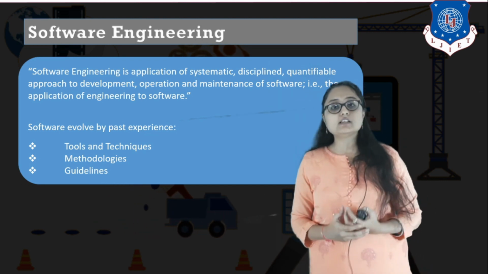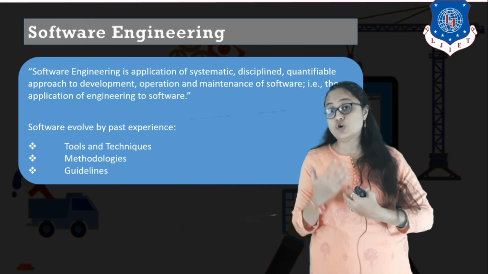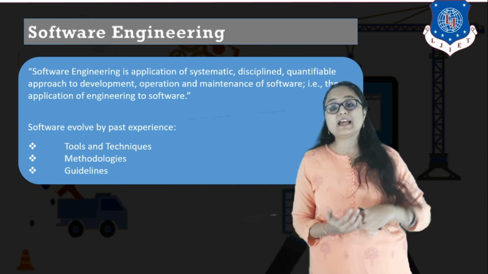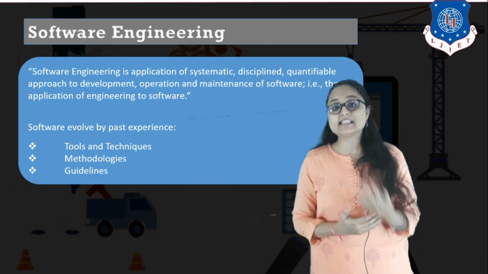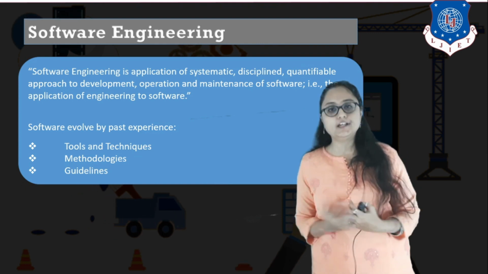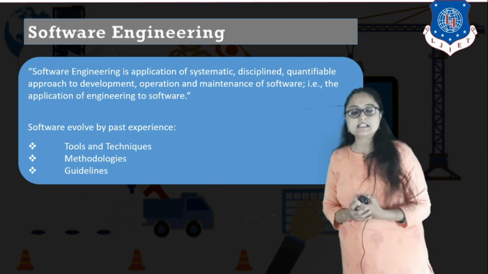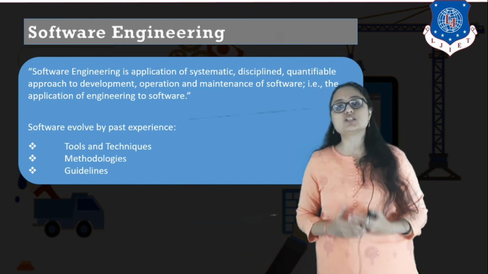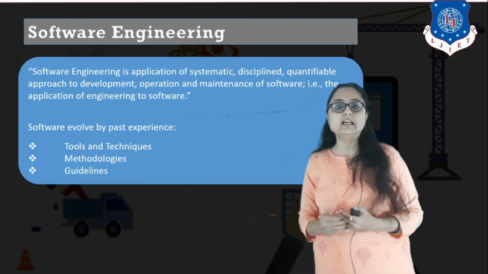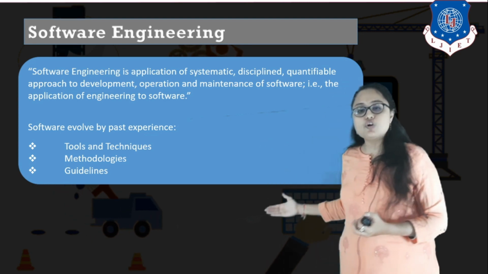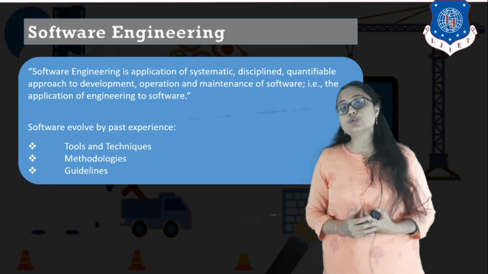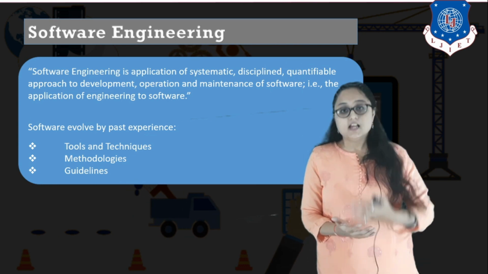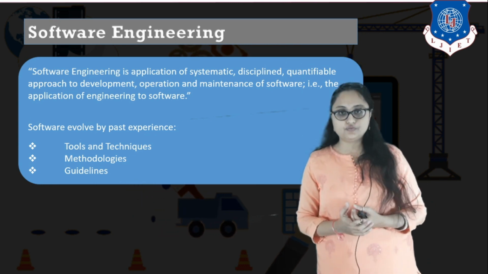What is the method that you will apply for developing the software, for analyzing the software, for testing the software and for maintaining the software. And the last is guidelines. What are the guidelines, the standards, the procedures that you are following for development in your company.